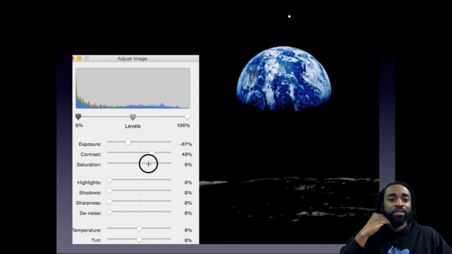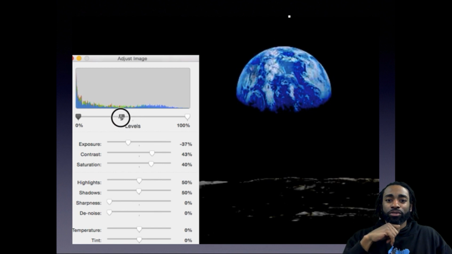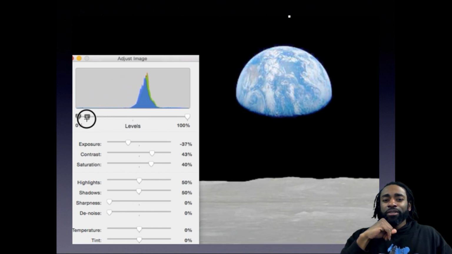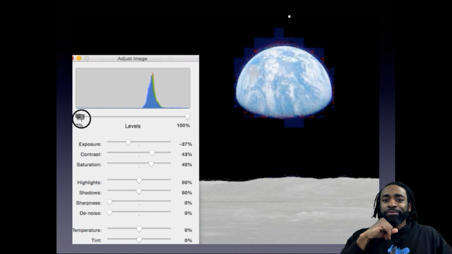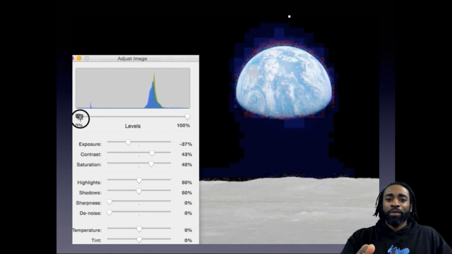So let me see. Adjust the saturation, just the same. Adjust the highlights. Then I'm going to adjust the shadow and adjust the levels. And once again, we got these little squares popping up around the Earth.